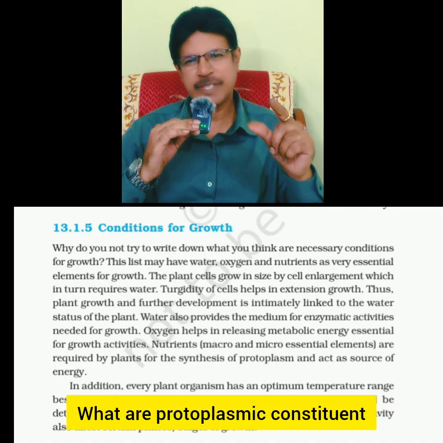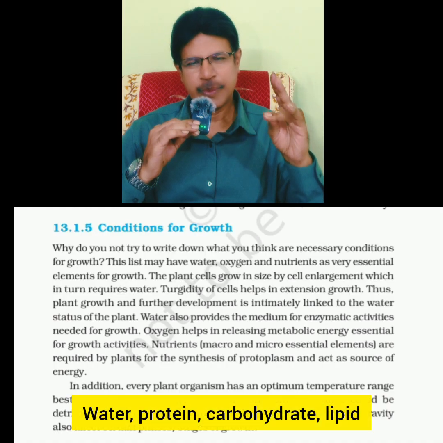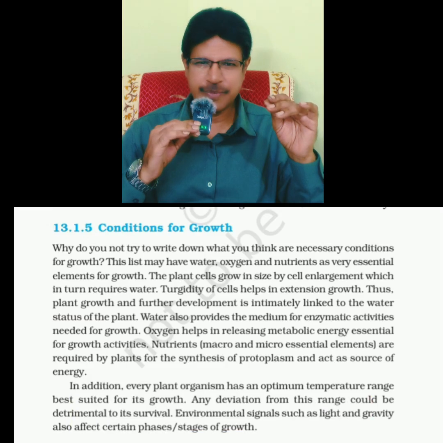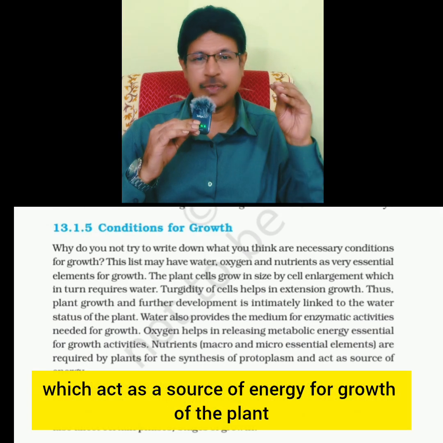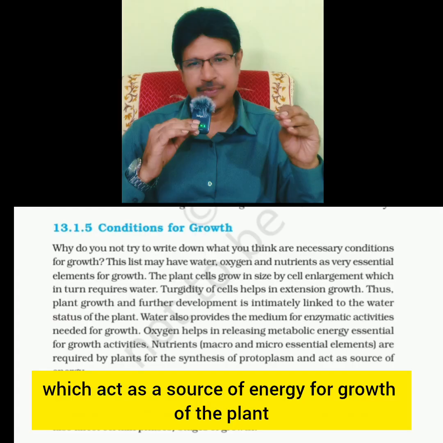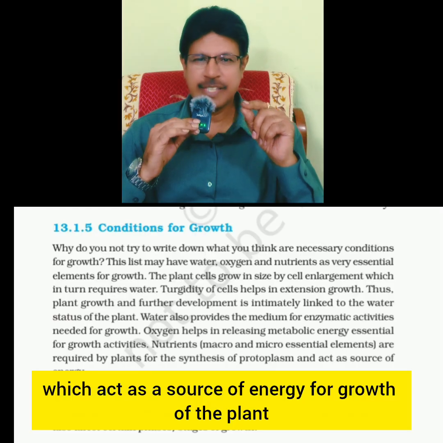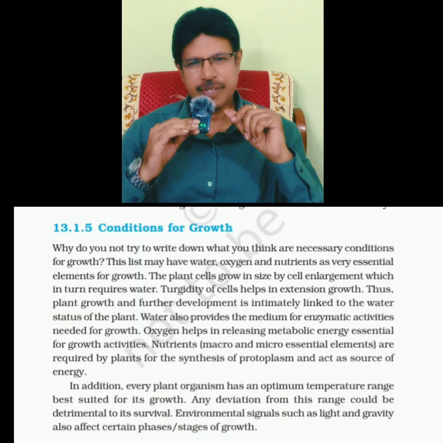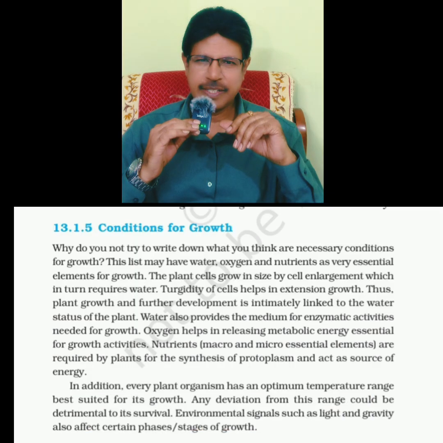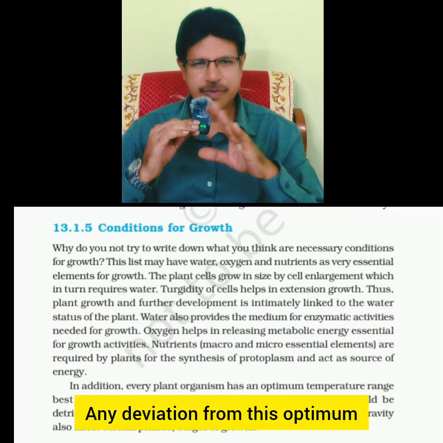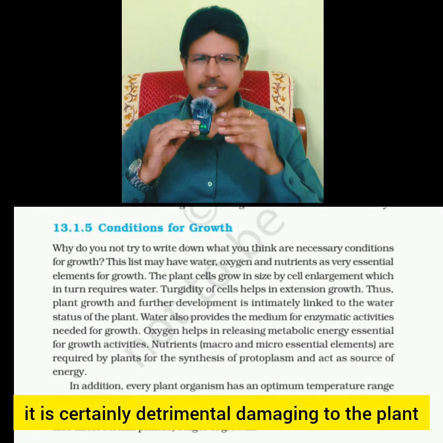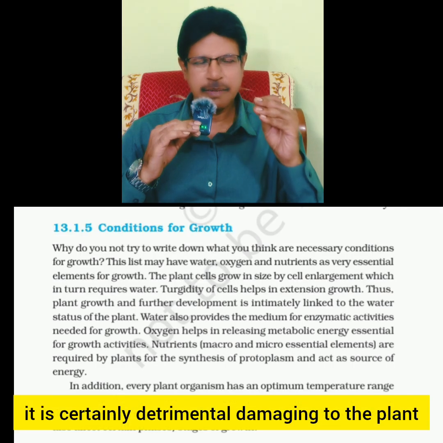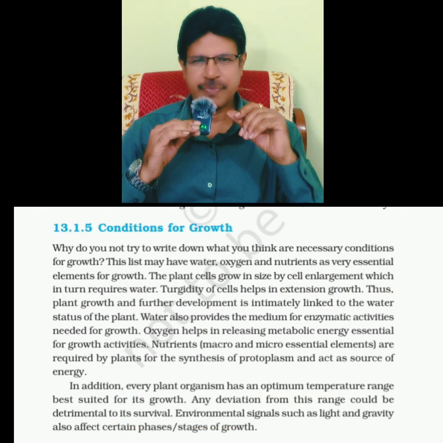What are protoplasmic constituents? Water, protein, carbohydrate, lipid, which act as a source of energy for growth of the plant. Next, temperature. Optimum temperature is required. Any deviation from this optimum is certainly detrimental, damaging to the growth of the plant.